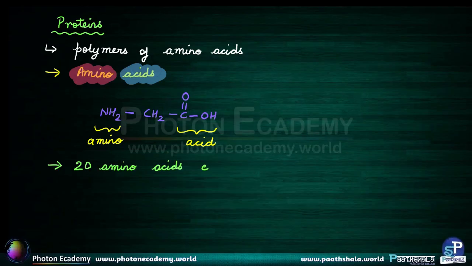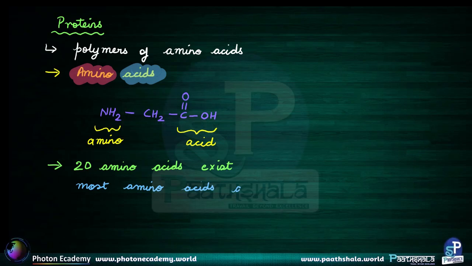Out of these 20, most amino acids are primary, or 1 degree. What does that mean?